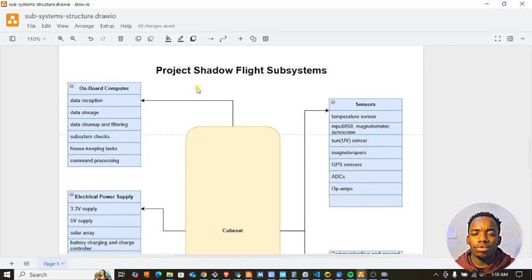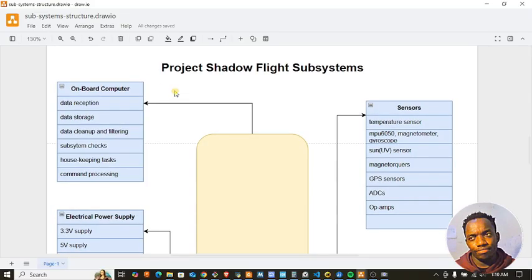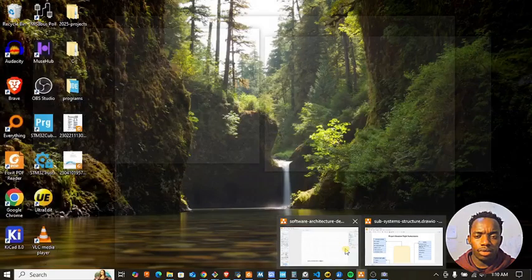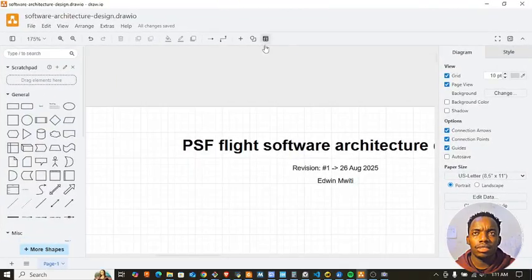Now you have to design the software, or rather the flight software that will accompany this hardware. I've come up with this diagram that explains all of that. Flight software architecture design.